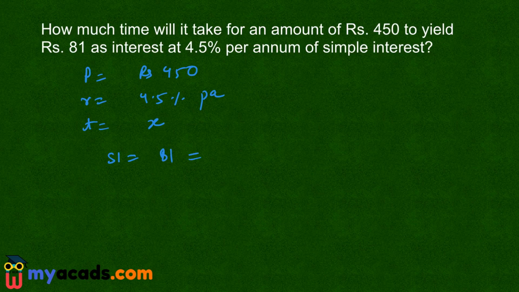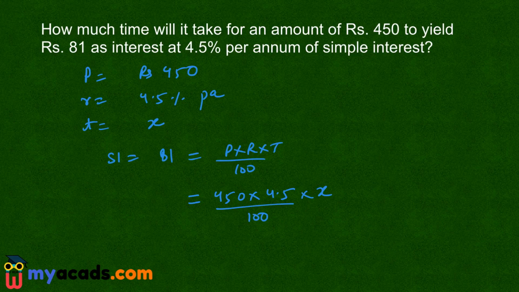Now simple interest is principal into rate into time upon 100. Now here the principal is 450. The rate of interest R is 4.5% per annum and the time period is X upon 100. This equals 81.